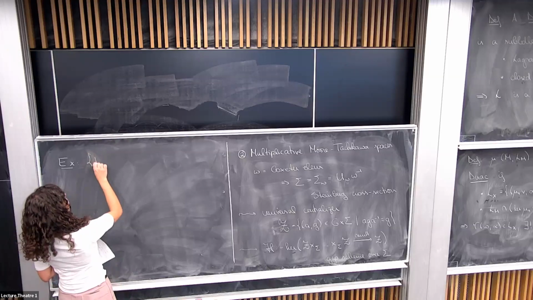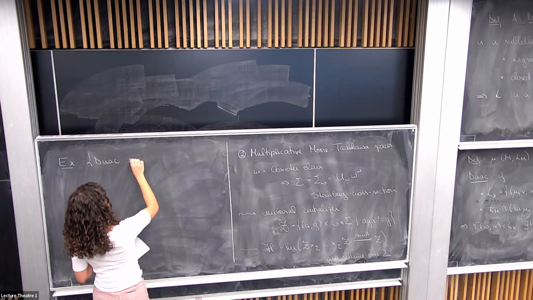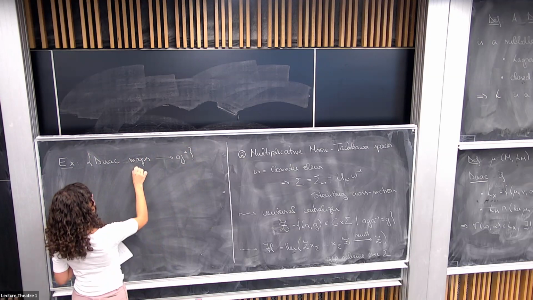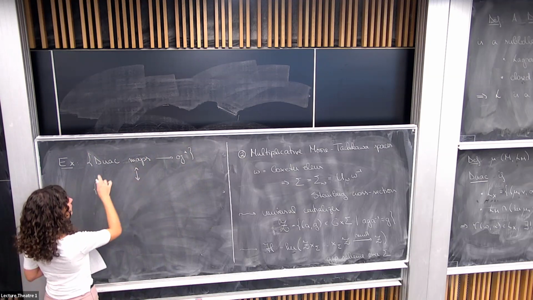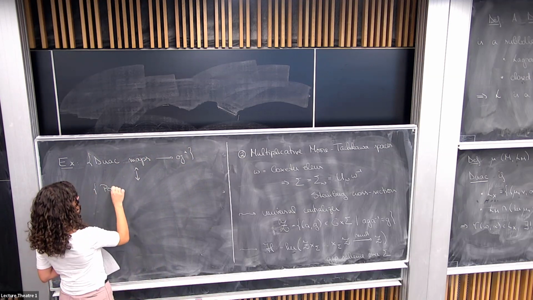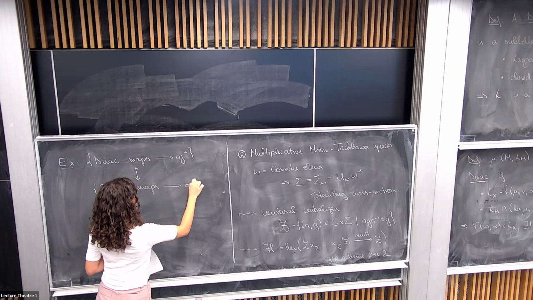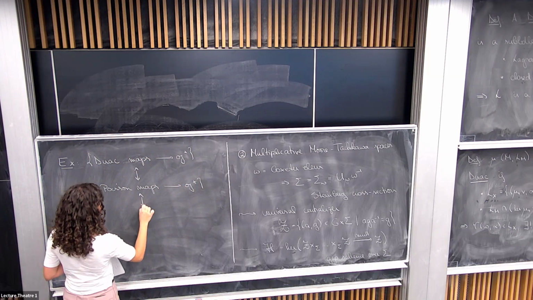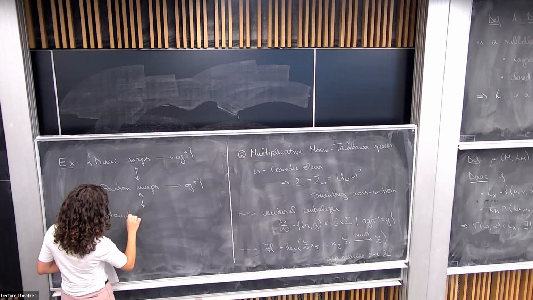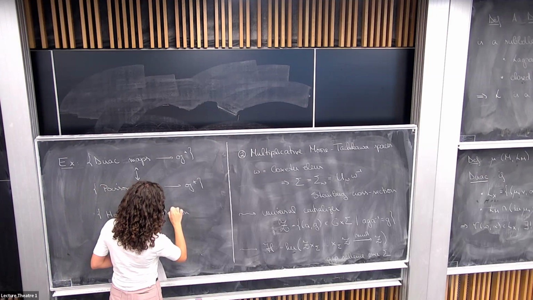And then I can ask, what are all possible Dirac maps into G star? One can prove that any Dirac map into G star is actually coming from another Poisson manifold. So these are the same thing as Poisson maps into G star. And as we saw at the beginning, Poisson maps into G star are the same thing as Hamiltonian Poisson G spaces.